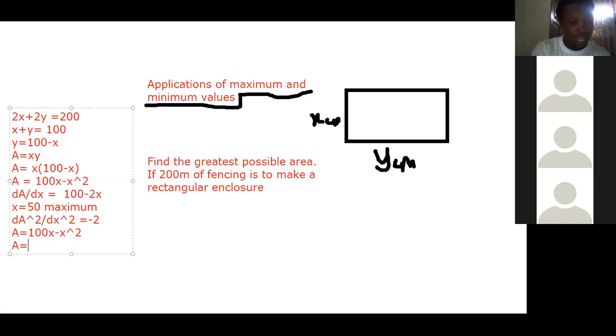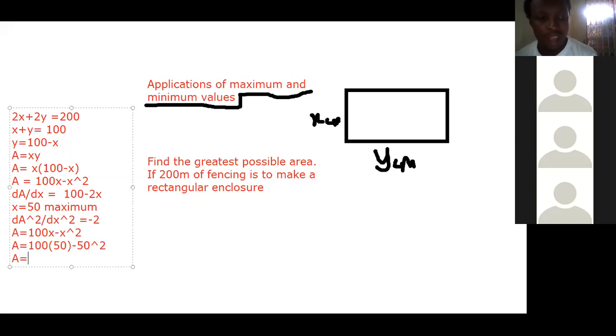So what are you going to do? You are going to get 100 into brackets 50 minus 50 squared. What is the area, A?